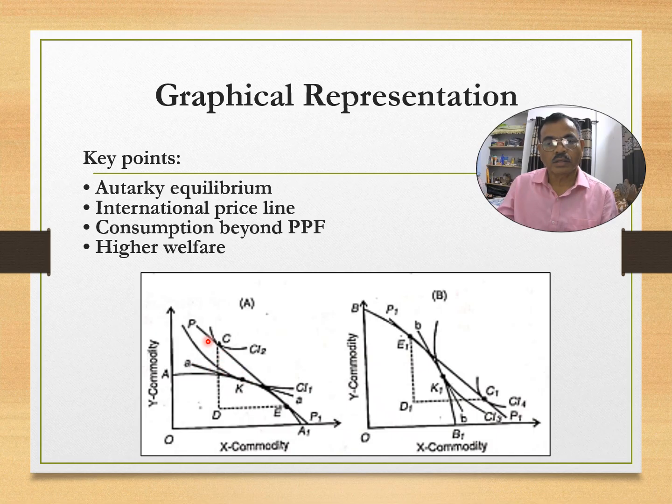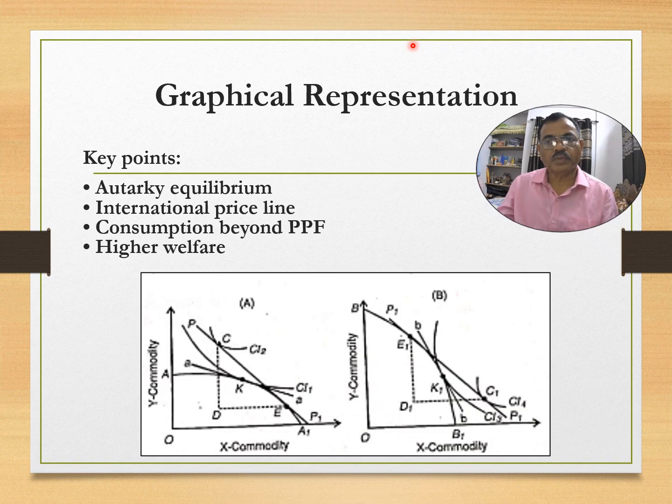The price line moves in the upward direction. As a result, it reaches higher consumption, that is, a consumption point beyond its production possibility frontier, at point C. Notice that the international price line allows consumption outside the domestic production boundary.